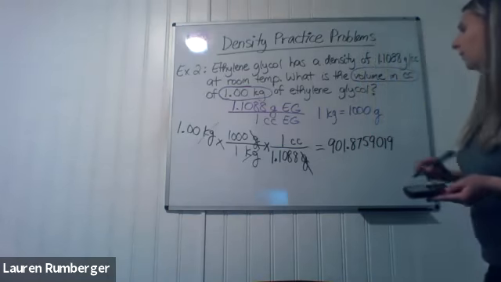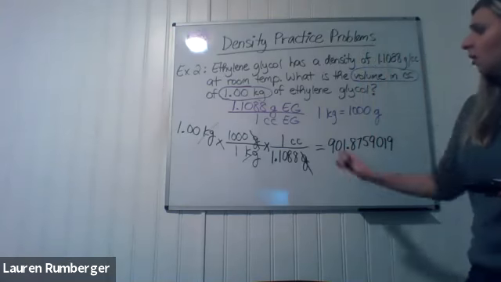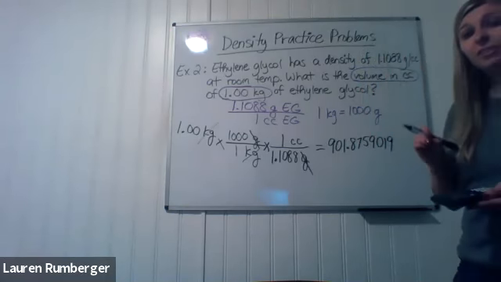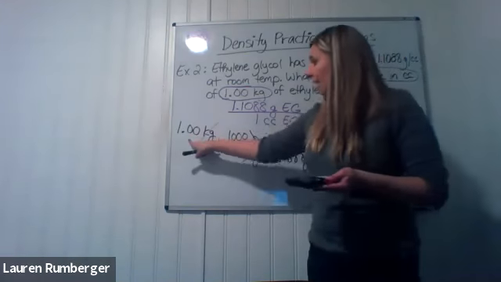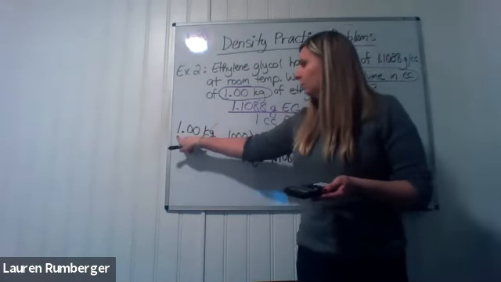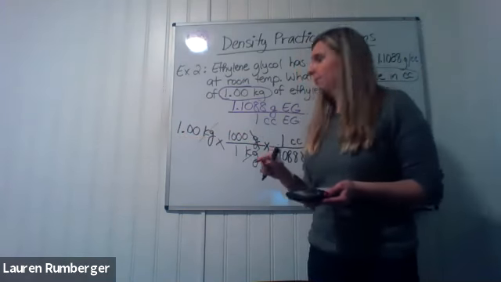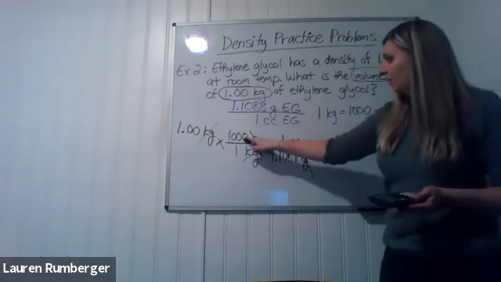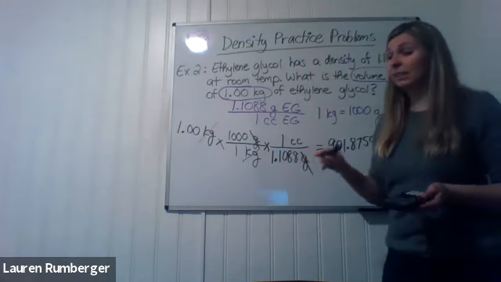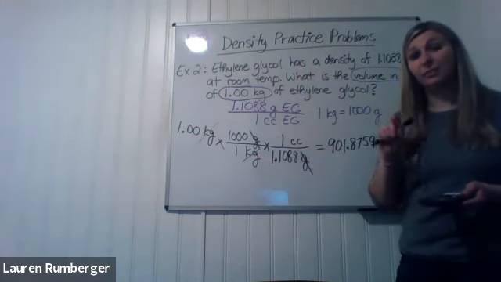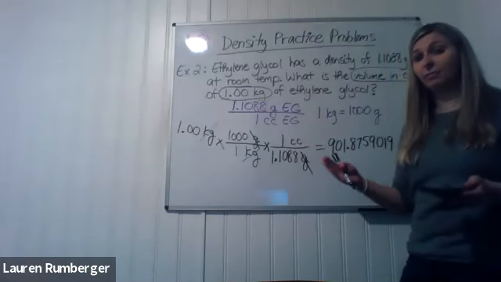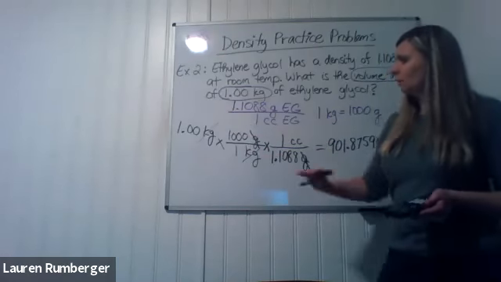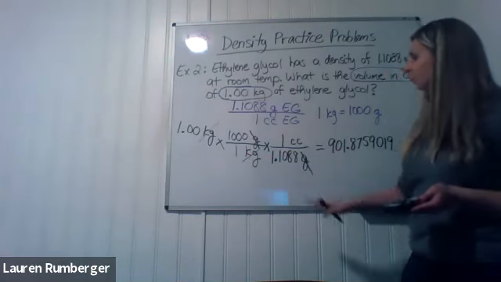This is what the calculator gave me. Now, based on our problem, we need to determine the least number of significant figures. This value is a measured value that has 3 significant figures. This value, 1,000 grams equals 1 kilogram, is an exact value. Exact values have infinite sig figs. So these we will not worry about.